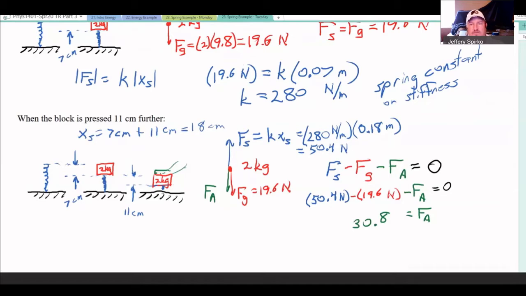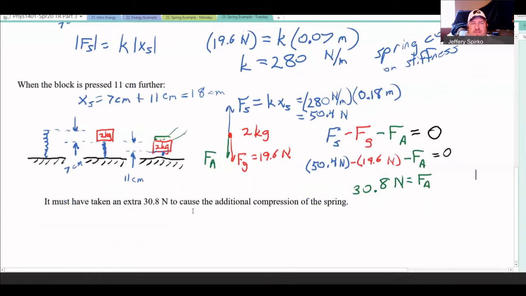Yeah, I shouldn't try to do math in my head. That's bad. So our conclusion so far is that it would take an extra 30.8 newtons to cause the additional compression of the spring.